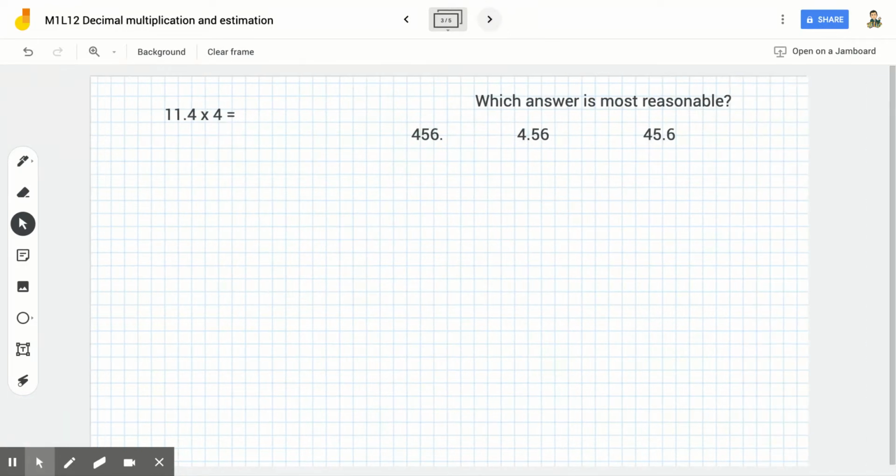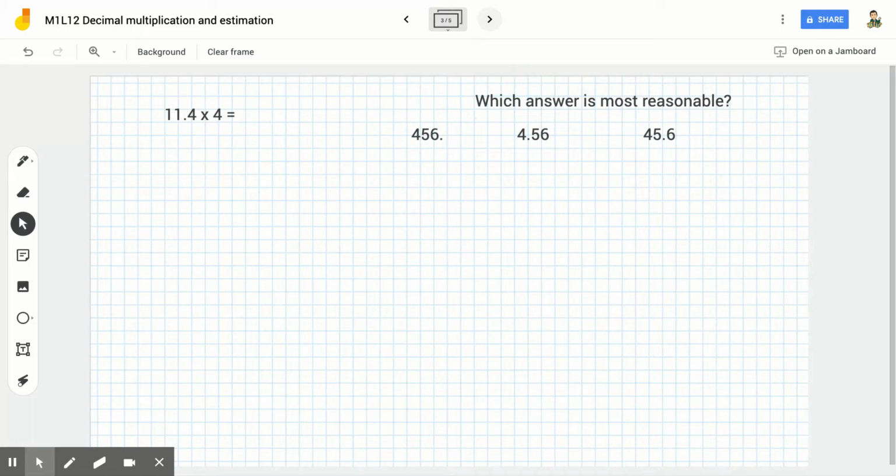Let's practice again. The question is, which answer is most reasonable? 456, 4 and 56 hundredths, or 45 and 6 tenths? Let's estimate.